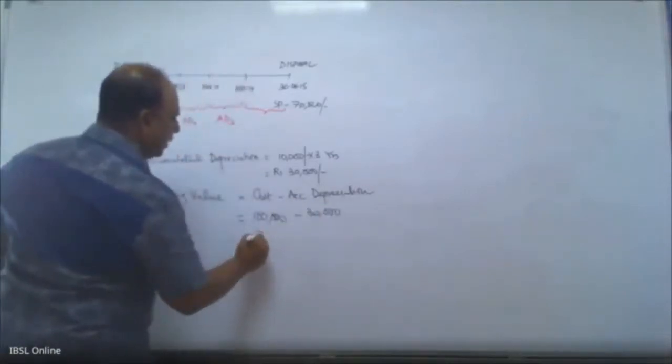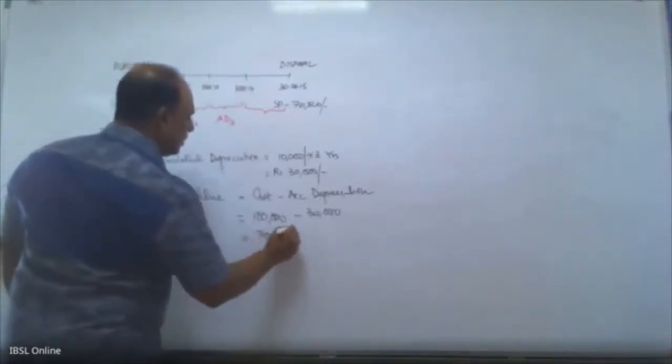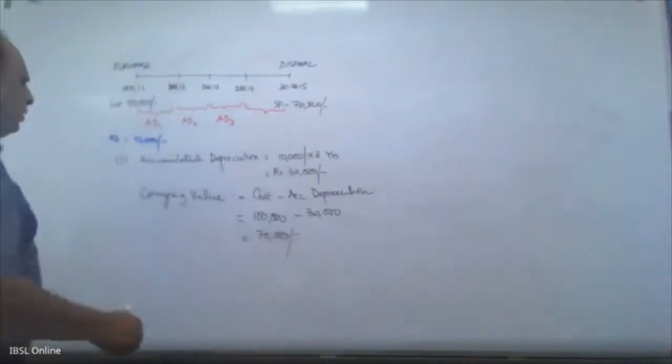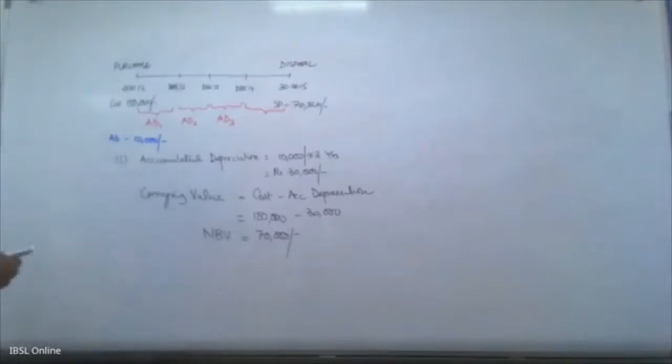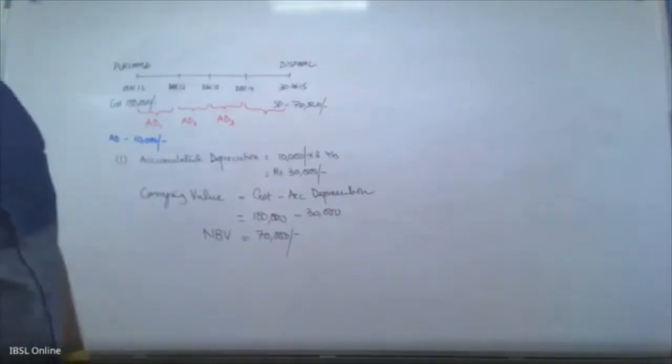As a result, carrying value is 70,000. What do you mean by carrying value? That is your net book value. Is that clear? Okay. So the first part is done. You have 5 marks.